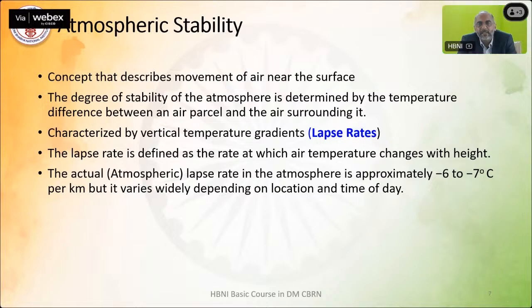The lapse rate is defined as the rate at which the air temperature changes with height. The actual atmospheric lapse rate will be approximately -6 to -7 degrees per kilometer, but it varies widely depending upon the location and the time of the day.